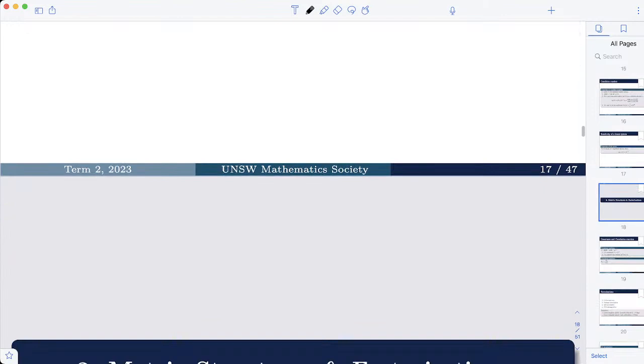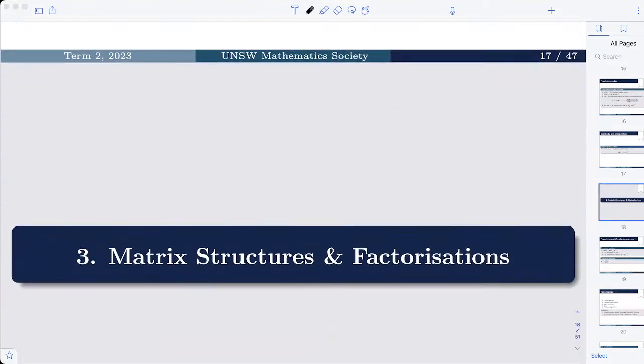Okay, next let's talk about matrix structures and factorizations. Are these slides available somewhere? I will upload them to the MathSoc website sometime. The problem with that is I've also done a really bad job at making the slides because they were admittedly last minute, so I wouldn't say they're the most comprehensive thing to use when studying.